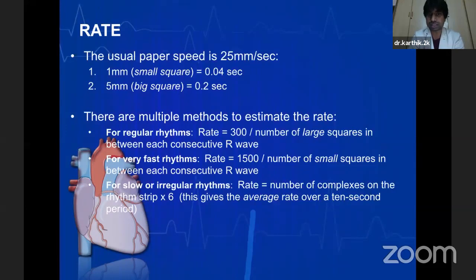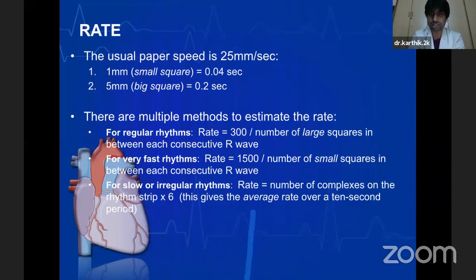In these situations, you can use the smaller squares, in which case you use 1500 as the numerator, count the number of small squares between two RR intervals, and divide to calculate the rate of the heart. However, for very slow rhythms or irregular rhythms, it becomes a little trickier because the RR interval keeps varying from beat to beat.